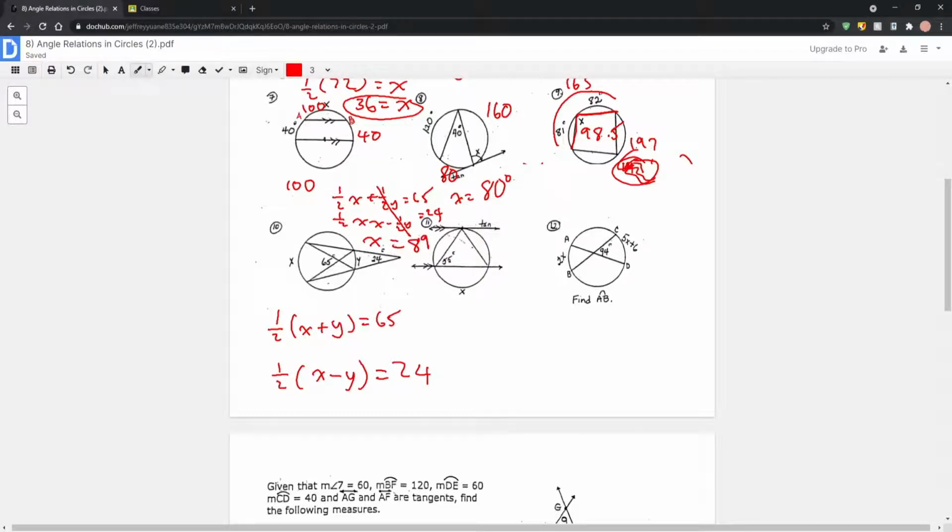Okay, so x is equal to 89 here. Then you can plug it back into any of these equations. We'll go with the addition one because it's a little easier. So half of 89 will be 44.5, plus half of y.